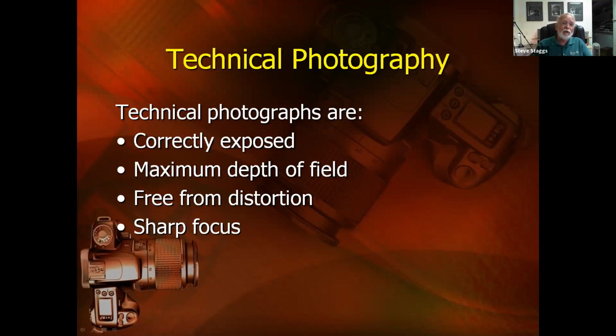So make sure that your focus is where it should be. Always realize you can shut off autofocus and manually focus for your photograph. And many times that is the better way to go. So there you have technical photography. Correct exposure, maximum depth of field, free from distortion, and sharp focus.